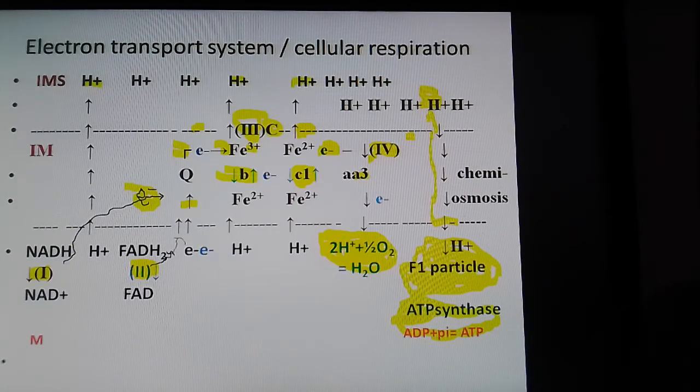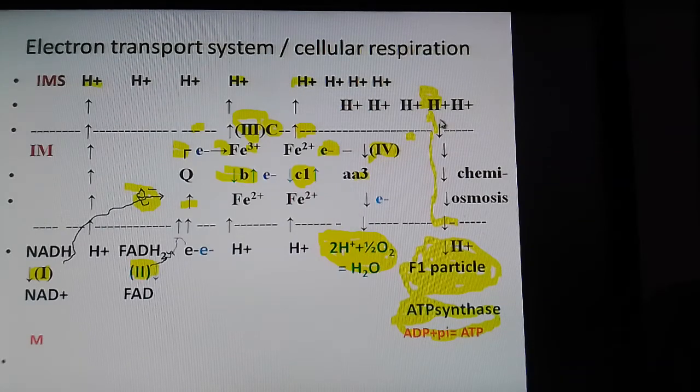That way the oxygen will combine with the hydrogen protons to form H2O. So the oxygen is acting as the terminal electron acceptor. So on one side the electrons are accepted and will be getting into the formation of water.